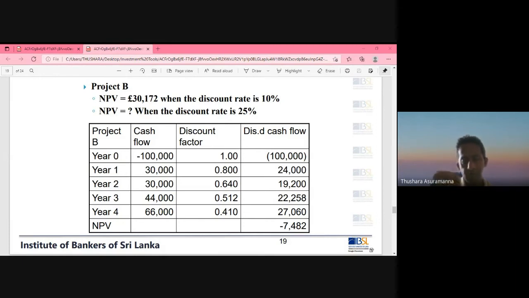So R2 minus R1 is the interest rate difference. NPV1 and NPV2 is the change in NPV.